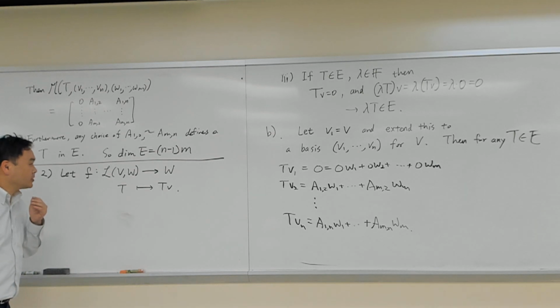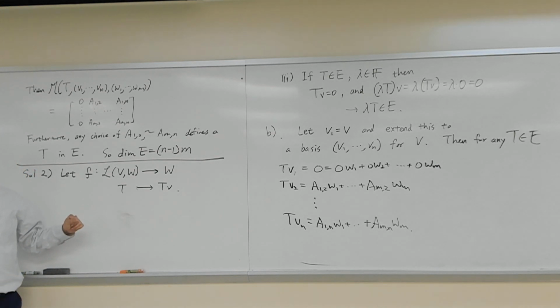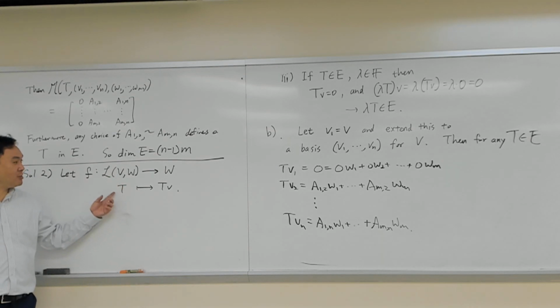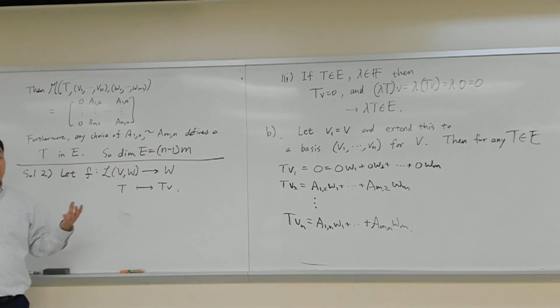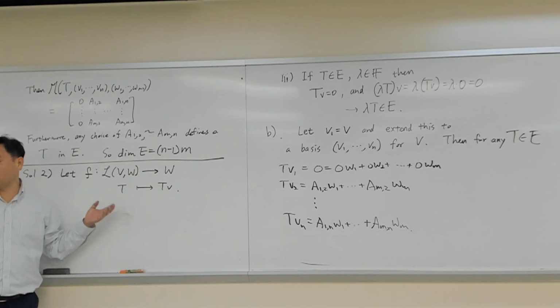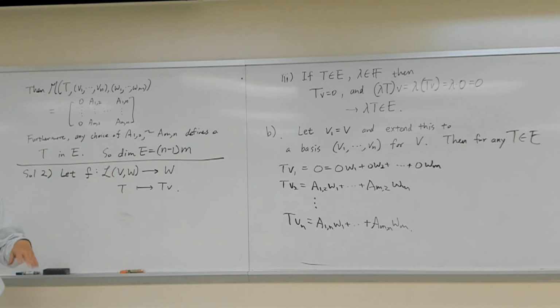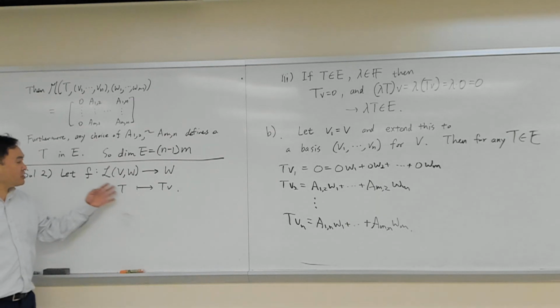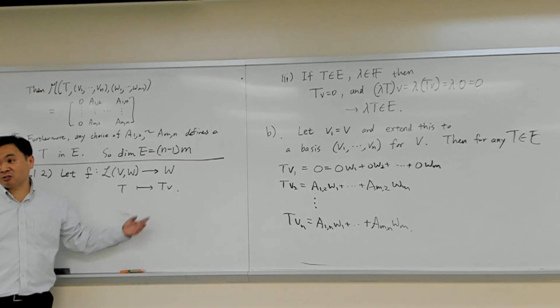So we fixed the v, and for every fixed v, this is what you get. This is a map. L(V,W) is a vector space, and you have to show that F is indeed a linear map. You'll have to work a little bit. You should also show that it is a surjective map.